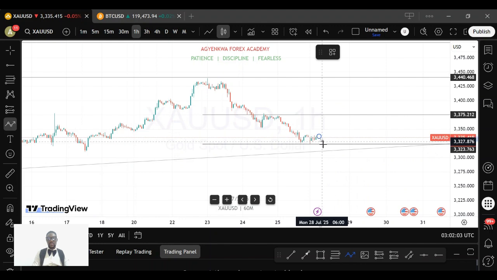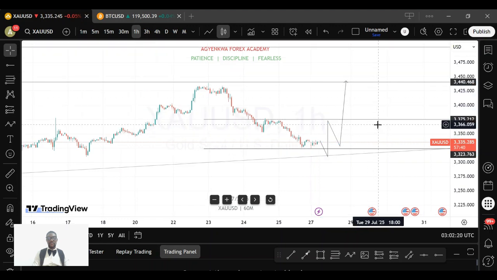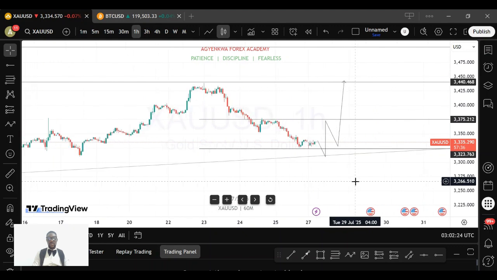So we can see something. This can be an inducement, break of structure. We wait for a retracement, and then we take our trade from here. So this is what we can look out for gold this week.